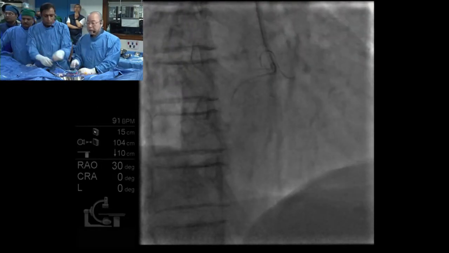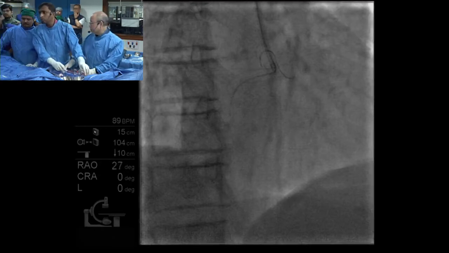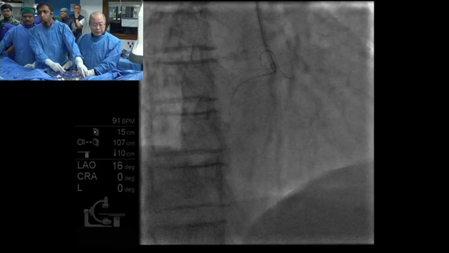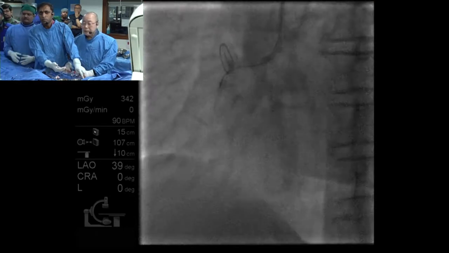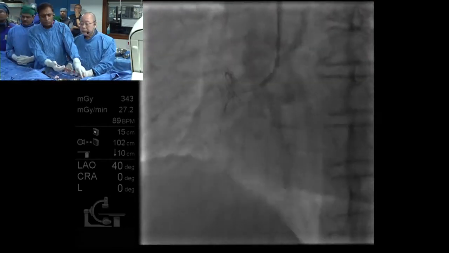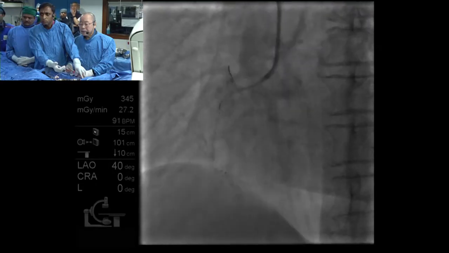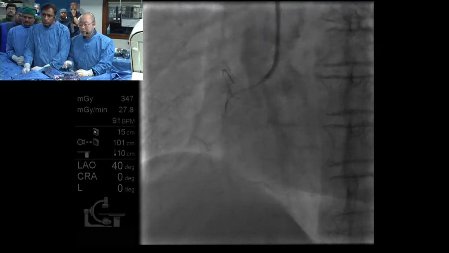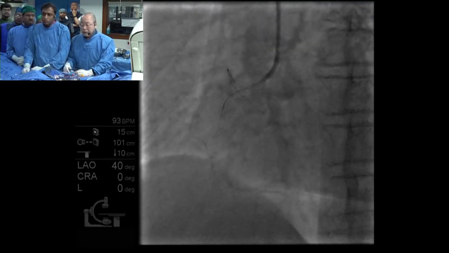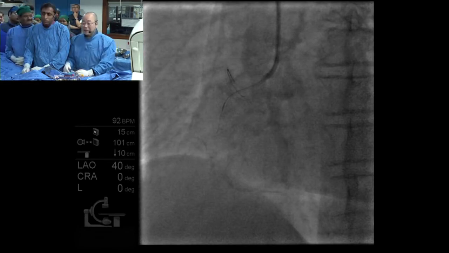Okay. Yeah, this projection is fine. But in another projection, it's not good. What do I have to do?